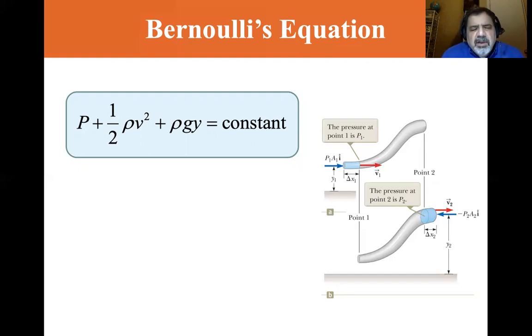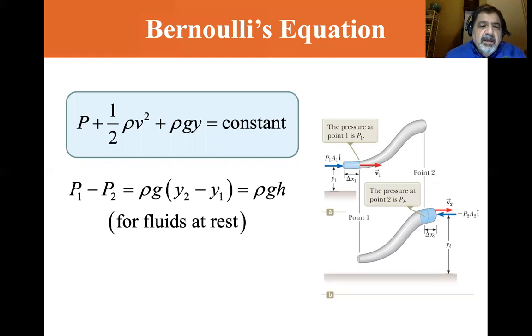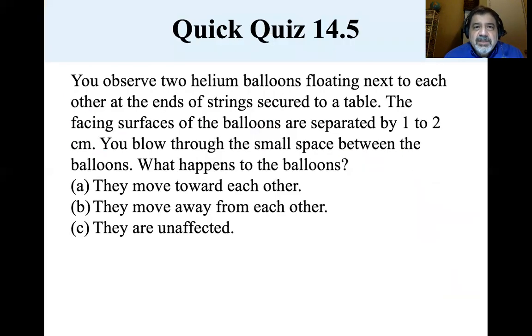When the speed of the flow increases, the pressure decreases, and it also says that the pressure decreases as elevation increases. That's the bottom line of Bernoulli's equation. And for fluids at rest, there is no velocity, so P1 minus P2 equals rho g times y2 minus y1, which is equal to rho gh, which we've already seen, and that's for fluids at rest.